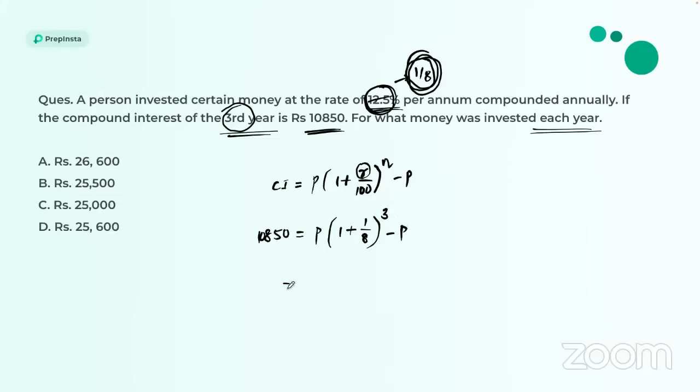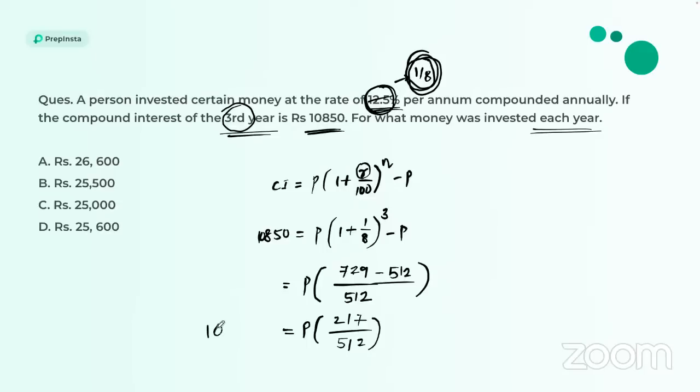Minus P. So if you take P common, 8 plus 1, 8 ones are 8, plus 1 is 9. So 9 by 8, so 9 cube by 8 cube. 9 cube is 729, 8 cube is 512. Minus 1, right? Why? Because you have taken P common, so you subtract 512. This is how you need to do the problem. So P into 217 by 512, which is nothing but 10850.